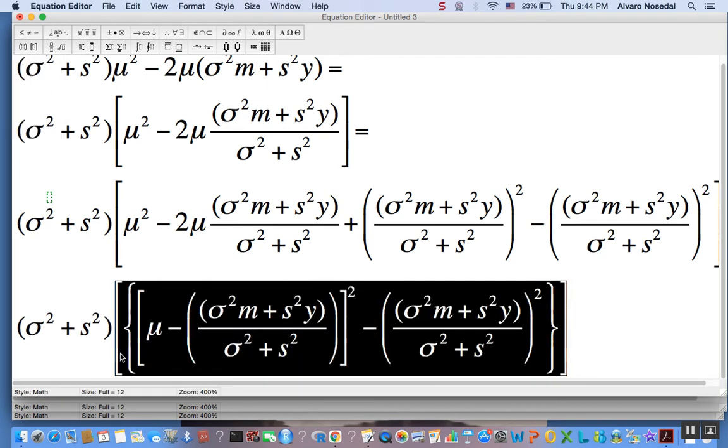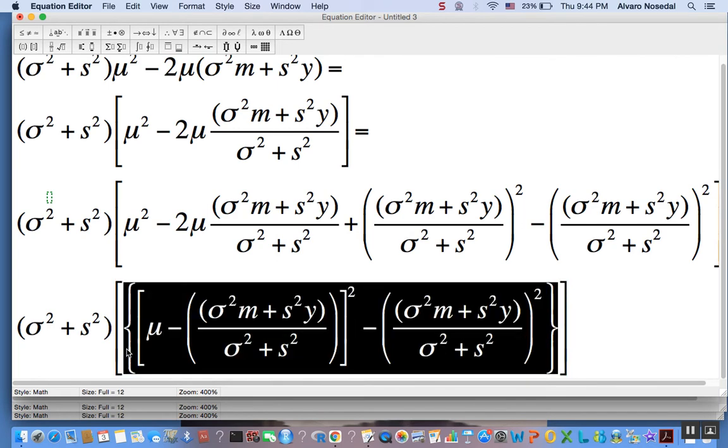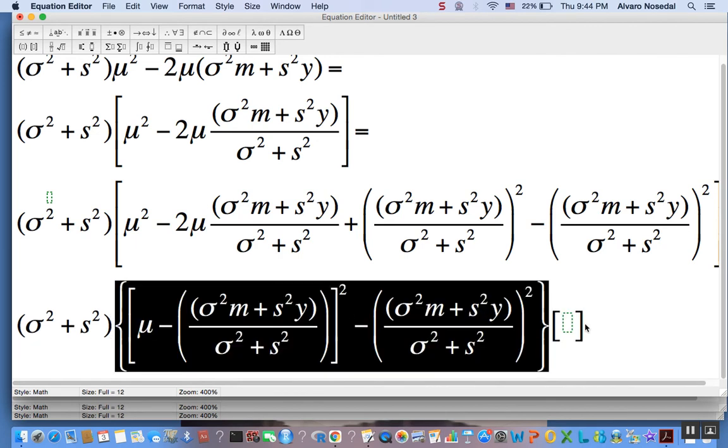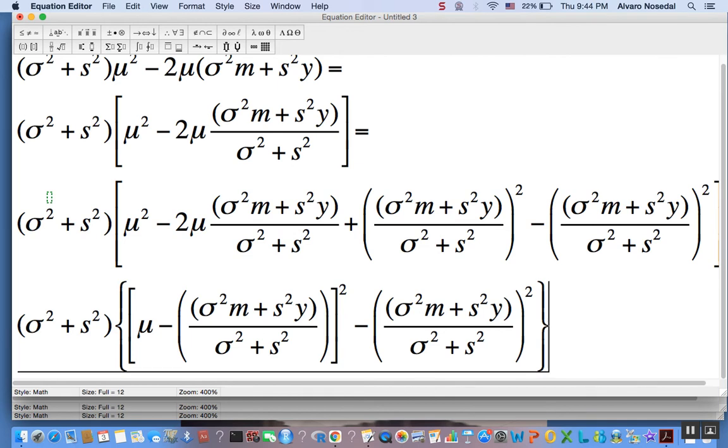Okay, better like this, right? Okay. So anyway, mu squared minus 2 times mu times sigma squared times m plus s squared y divided by sigma squared plus s squared plus that whole thing squared is the same as just that term here, mu minus this kind of ugly looking thing, the whole thing squared, minus this guy, right? Okay. So now we are in business.